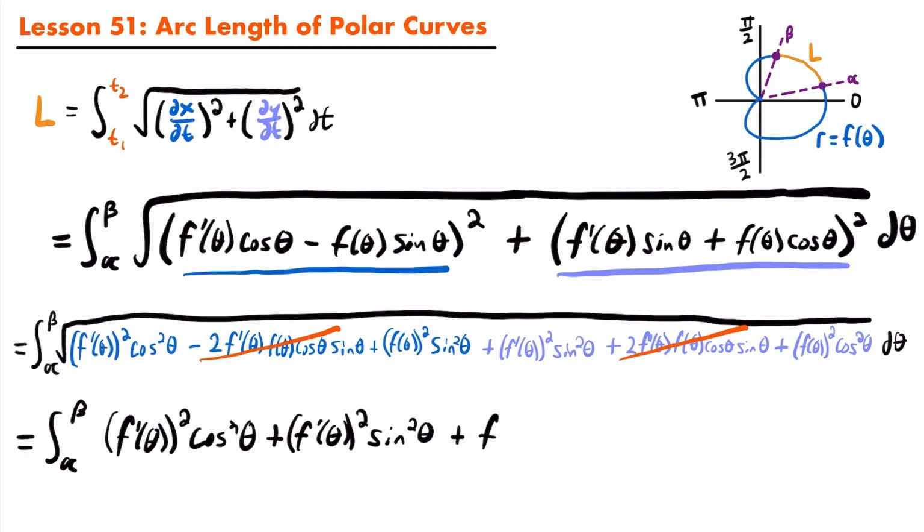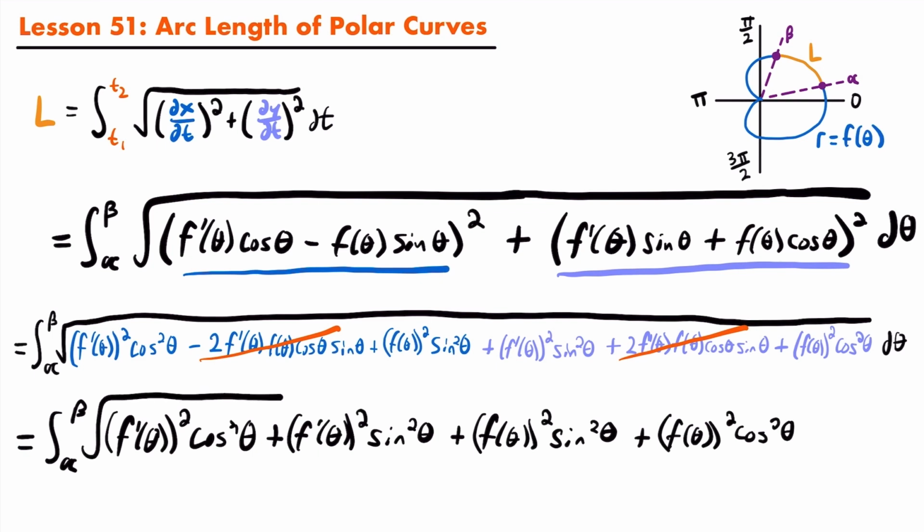So now we have f of theta squared times sine squared theta, and then plus f of theta squared times cosine squared theta. All right, and all of that is still underneath a square root, and then we have d theta. Okay, and so now with our remaining 4 terms, what I want you to notice is that the first 2 here that I have written both have a common factor of f prime of theta squared, right?